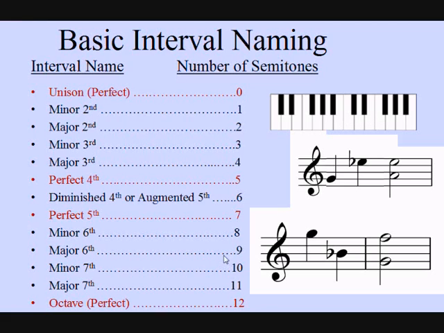Therefore, this is a major sixth. And then if we look at these two, we have from here to here 1, 2, 3, 4, 5, 6, 7 steps from the staff count. This is a seventh, one of these two for sure. And if we look at the notes G to F, let's go G 0, 1, 2, 3, 4, 5, 6, 7, 8, 9, 10, a distance of ten semitones. Therefore, this is a minor seventh.